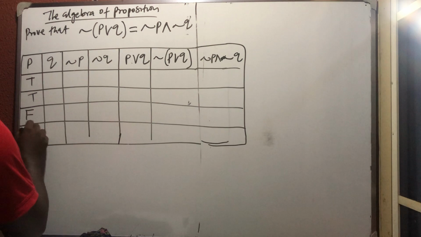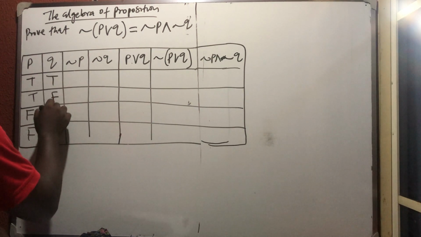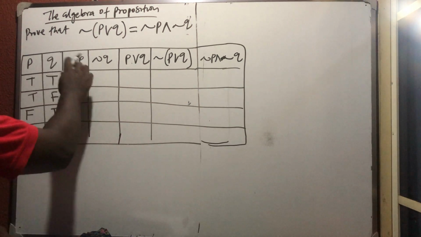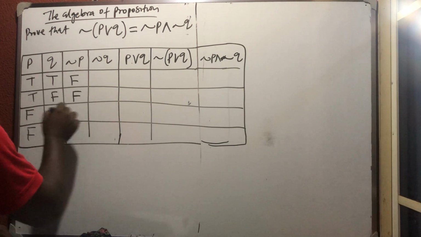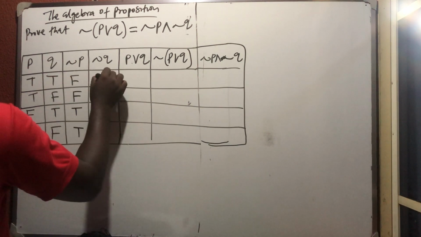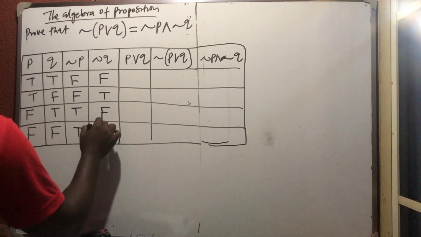Truth, false, false. Then negation of P is now false, false, truth. Negation of Q is false, truth, false, truth.